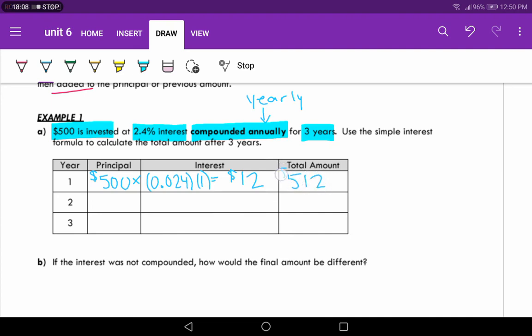Our new total amount is $512. For year 2, our principal is now that total amount from year 1. So now our principal is 512. So we need to, again, multiply that by our percent and our year. We'll get $12.30 now.